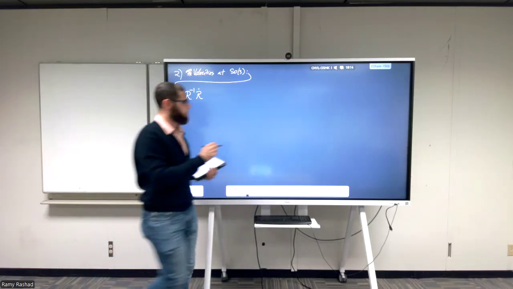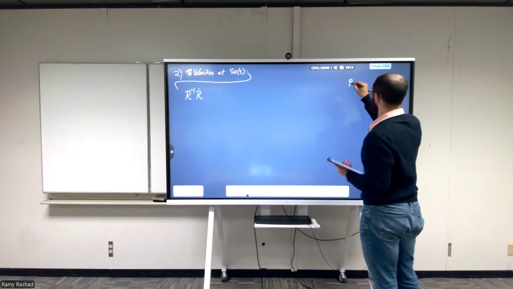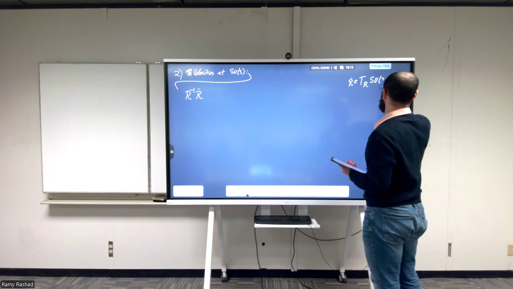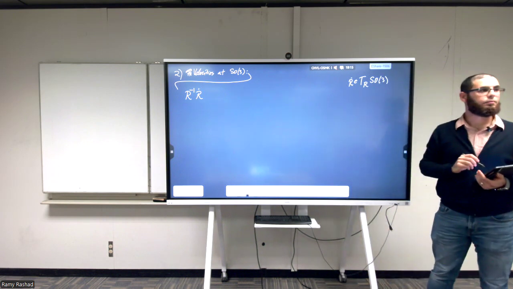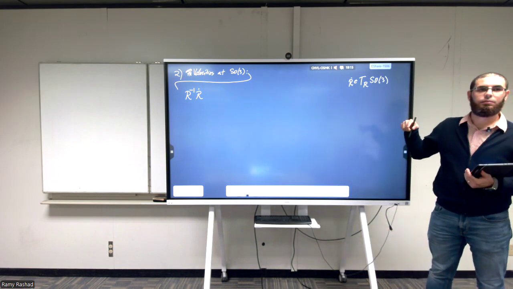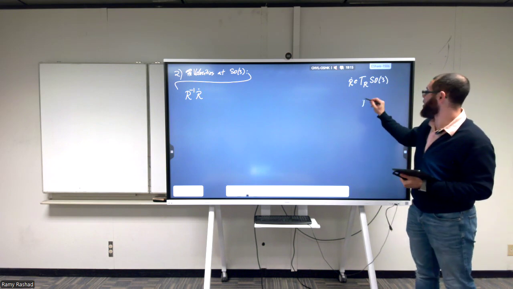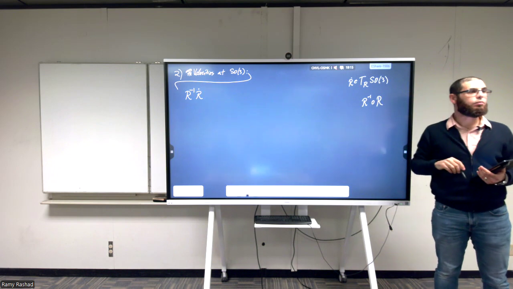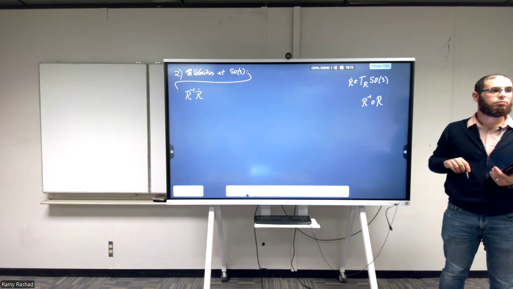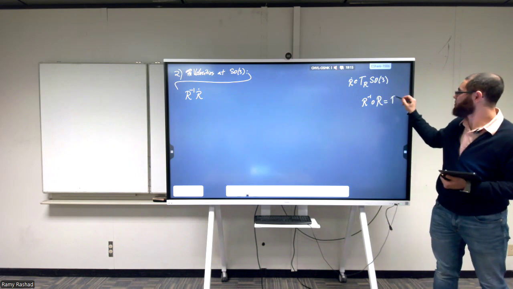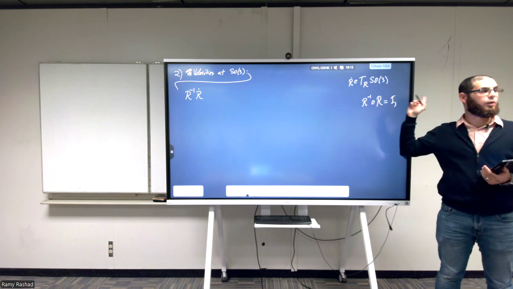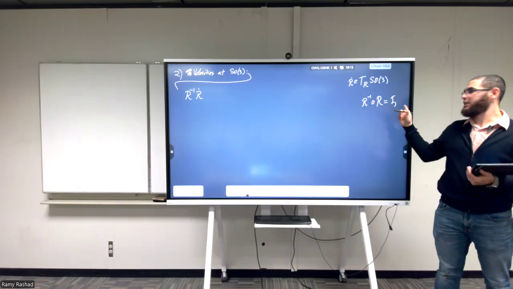Think about it. R dot lives in the tangent space of R to SO3. I can map it by R inverse. If I multiply R inverse by R, where do I go? To the identity. You all agree? Multiplying from the left or from the right, R by R inverse, I go to the identity.